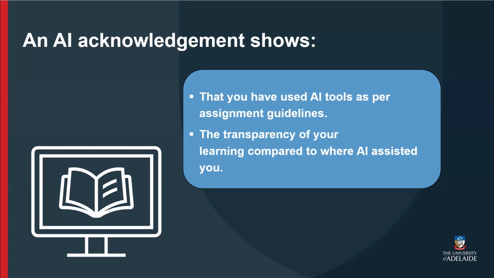Secondly, it shows transparency, a clear distinction between what you have learned and contributed and where AI has supported you. It's not about hiding AI use. It's about being open and honest about how you've engaged with these tools. So acknowledging AI helps your educators understand your learning process and ensures that your work is evaluated fairly as well.